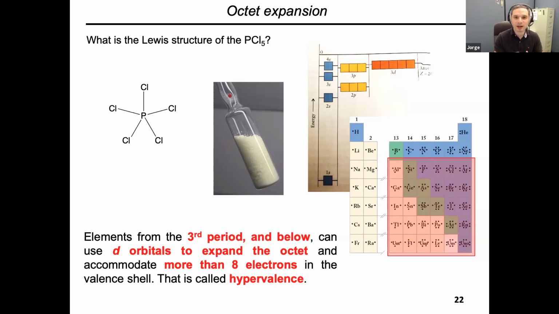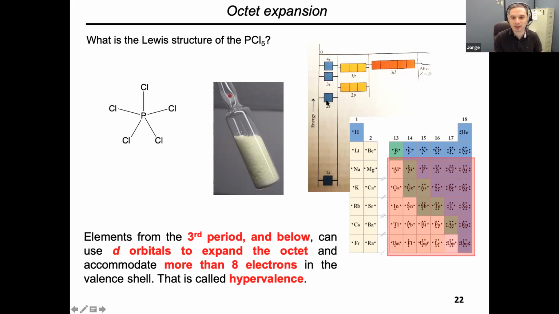And here there is a special situation called octet expansion. So what happens here if we take a look at the electron configuration diagram showing here on the right side of the slide. The lowest energy orbitals are always 1s.